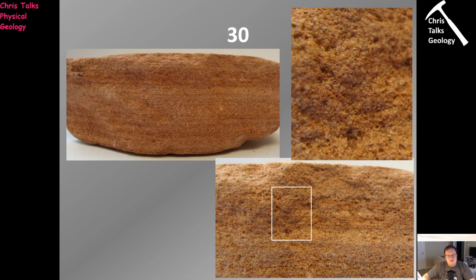We can also work out pretty easily what the cement is. This looks like rust, so chances are the cement is iron oxide. In terms of what the crystals are that make up this rock, it's pretty difficult to see, but you can get a good hint. For instance, if we look at this particular crystal here, we can see it does have a slightly glassy appearance.